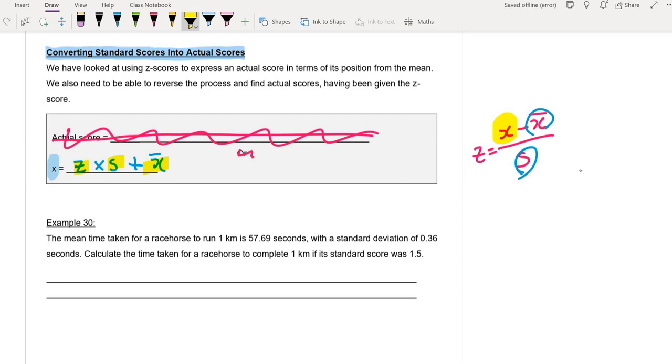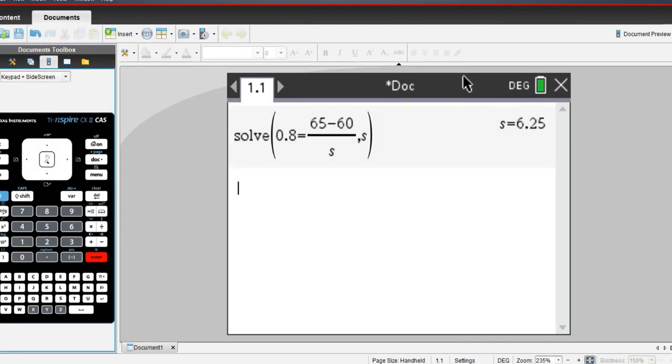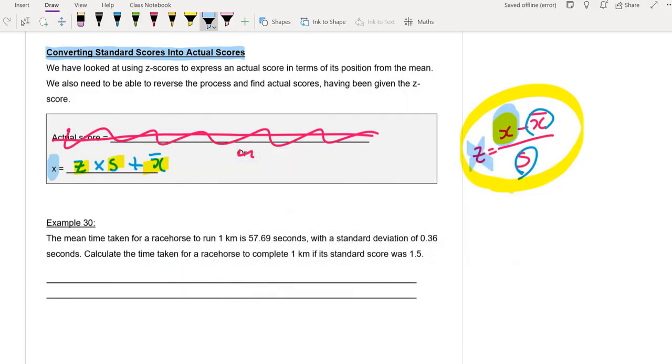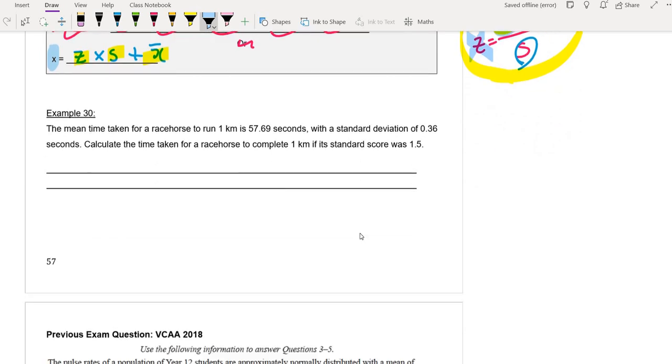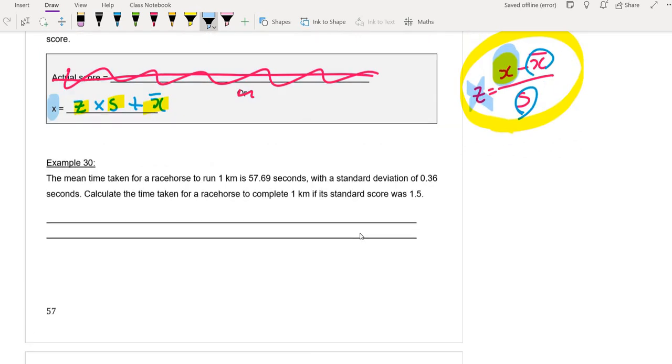Or you can still use this formula, just make sure that you know that you're looking for this, not the Z, and you put it into the CAS accordingly, you'll still get the same answer. We're just rearranging things here. So this is nothing new. It's just written differently.